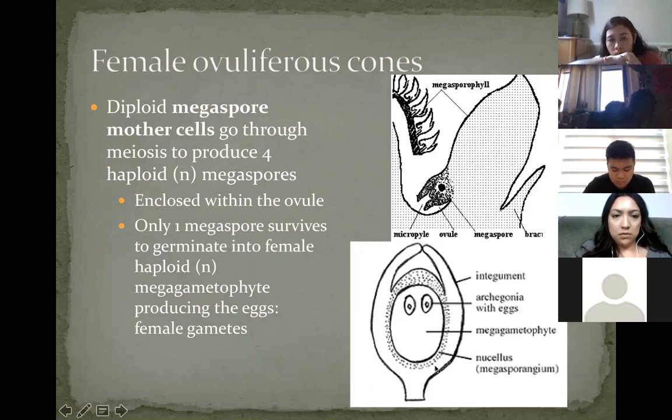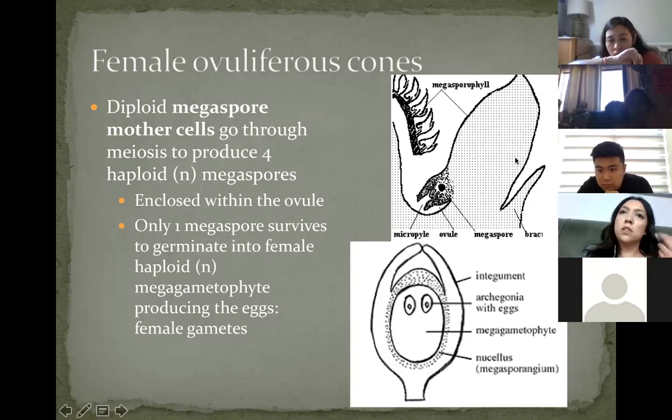Here's your integument. Once again, this will eventually become the seed coat. Right here in the center is your haploid female gametophyte, and right here is your archegonia with your 2 eggs. This entire structure is the ovule, and that's going to be found at the end of the megasporophyll, or your scale.